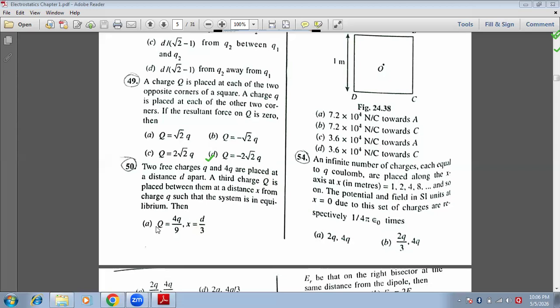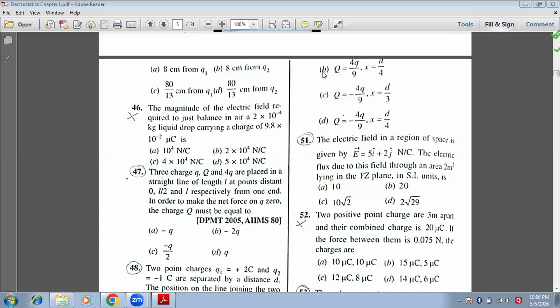Then: option A, capital Q equal to 4 small q by 9 where x is d by 3; option B, capital Q equal to 4 small q by 9 where x is d by 4; option C, capital Q equal to minus 4 small q by 9 where x is d by 3; option D, capital Q equal to minus 4 small q by 9 where x is d by 4. Correct answer, option C, capital Q equal to minus 4 small q by 9, x is equal to d by 3.